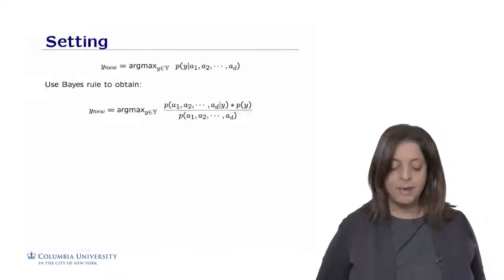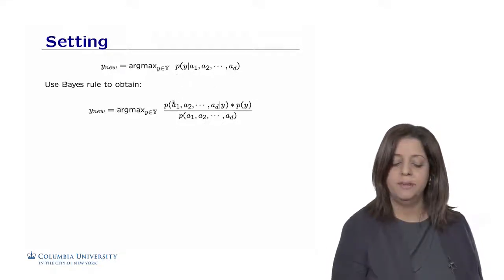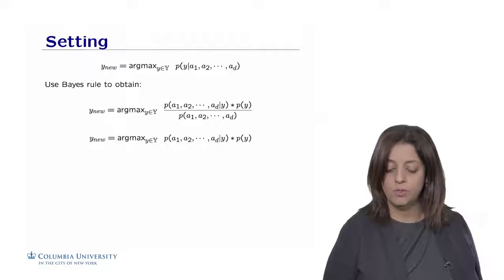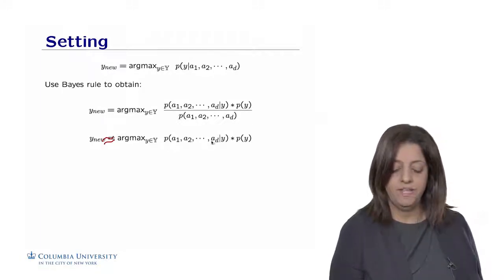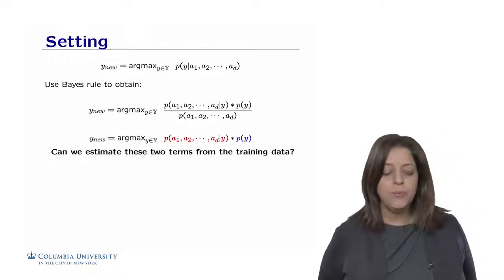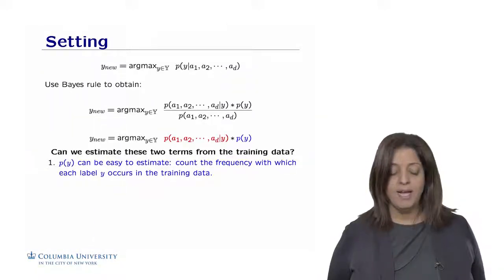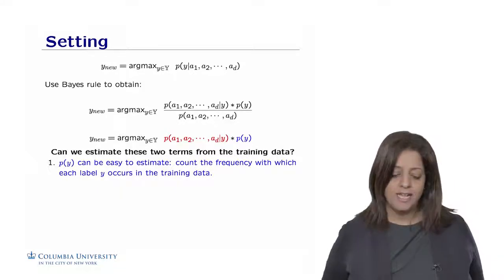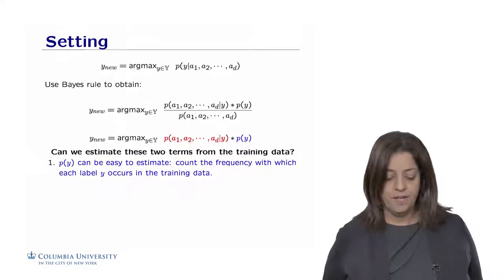Applying Bayes' rule means that we're going to just replace this formula by its corresponding Bayes' rule. And as we said before, this will be estimated by just looking at the probability of data given the label times the probability of the label. So the question is, can we use the training data to estimate these two terms? The answer is, for P of Y, yes. If we have a very large set, we could estimate probability based on the frequency of Y happening.